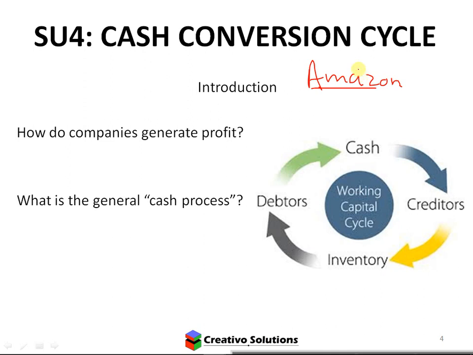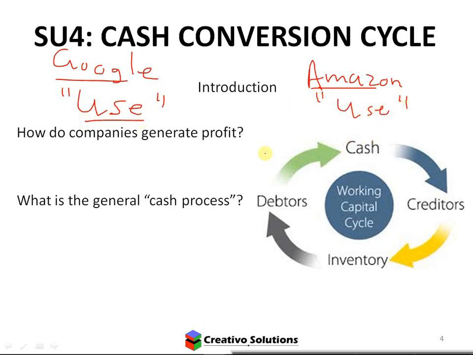Why do you think Google is successful? Same thing, users, people that use the product. It's use. Amazon, use. It's value. They're taking cash and they're putting it into R&D so we can get these fancy search engines that can do all sorts of things.